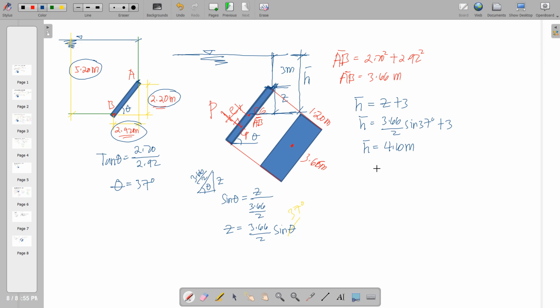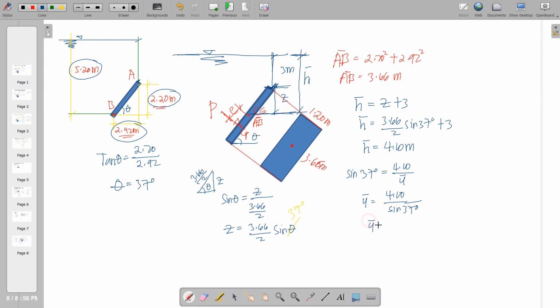So if we know h bar, we can now directly compute for y bar. The relationship is simply sine of 37 degrees is equal to 4.1 all over y bar. So therefore, y bar is equal to 4.1 all over sine of 37 degrees.